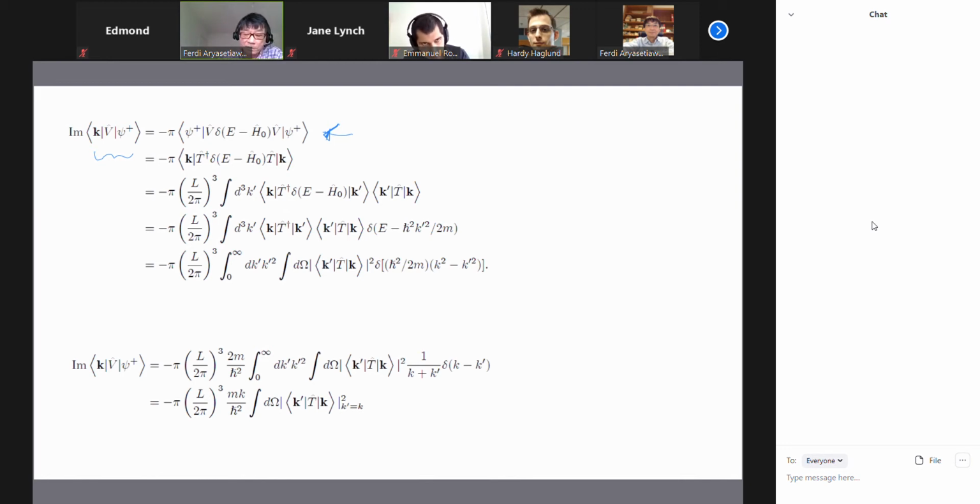So now we replace that one with our definition of T over there. And phi is a plane wave. So we get the second line here.